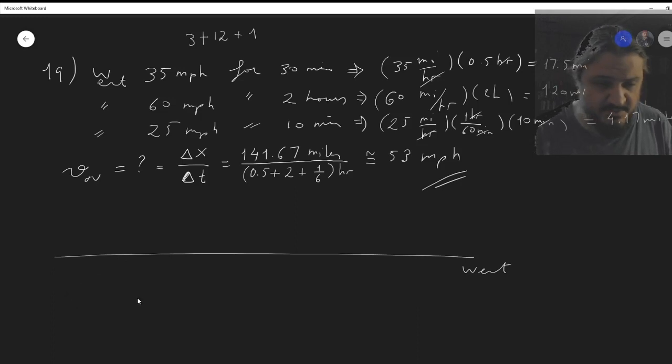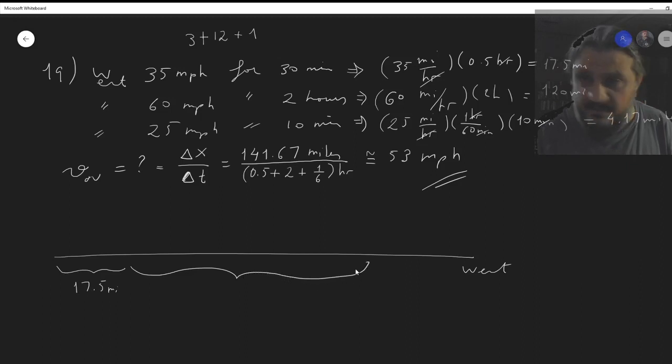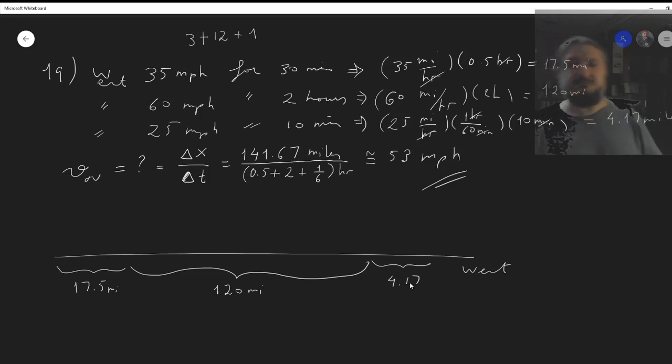Okay, maybe shorter than this, huh? 17.5 miles. And then there is this segment of 120 miles. And then finally 4.17 miles.